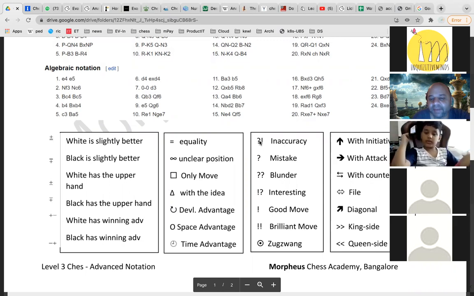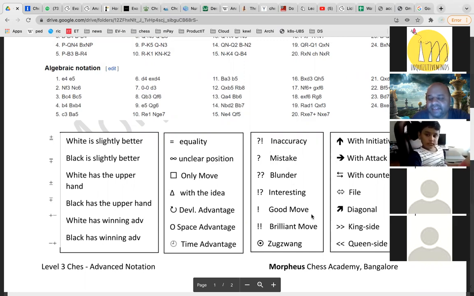A question mark followed by an exclamation mark means it is an inaccurate move, not very bad, but inaccurate. A single question mark means it is a mistake, and a double question mark means it is a blunder. Blunder means you are losing the game with that move. Mistake means you are giving a clear advantage to the other side. Inaccuracy means you are giving a slight advantage to the other side.